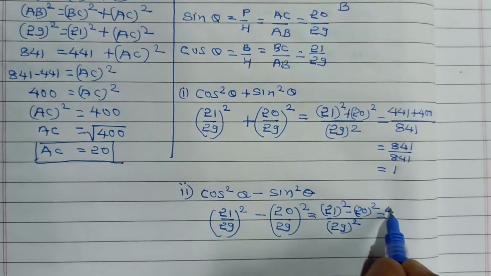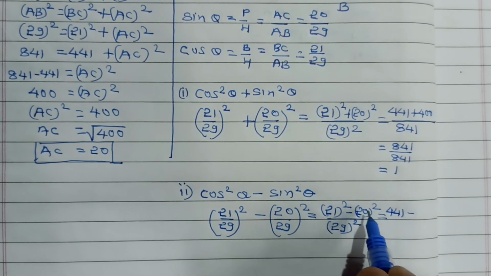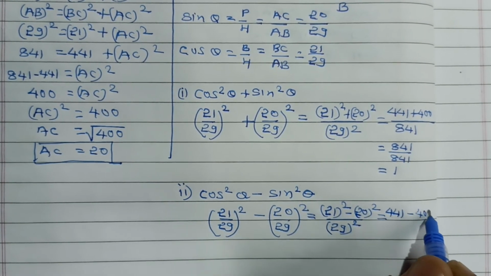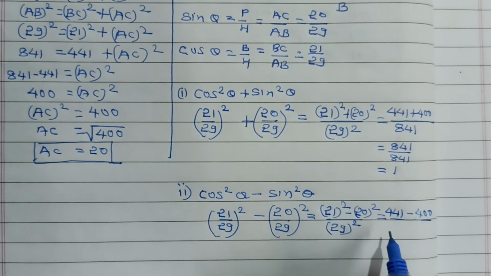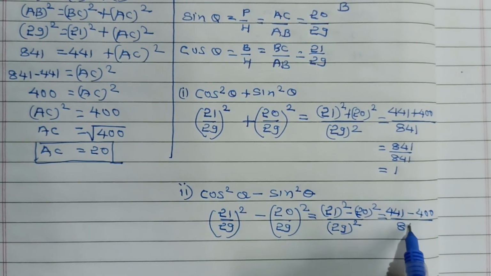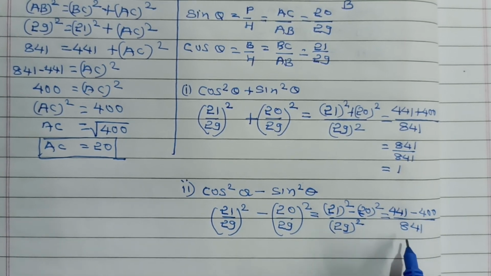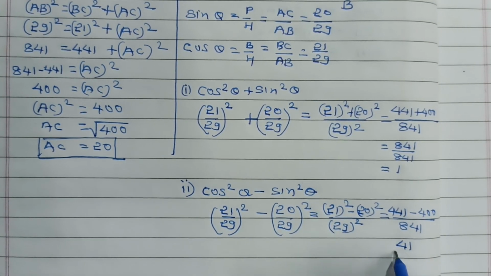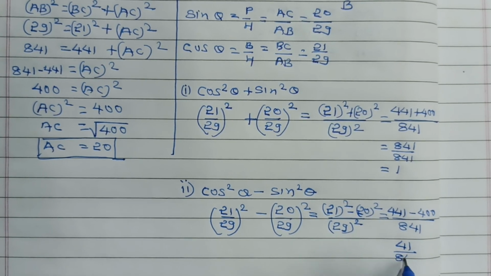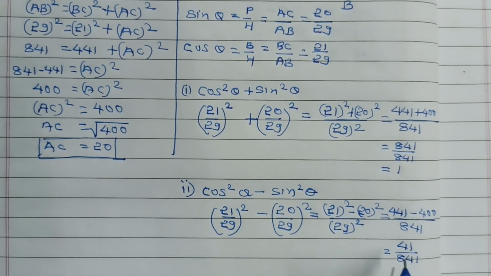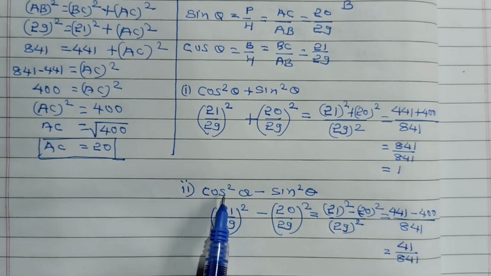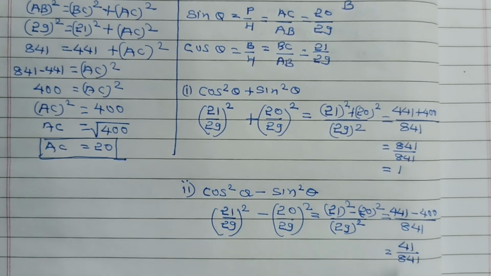It is 441. Minus what is the square of 20? 400. Divided by what is the square of 29? 841. Now if we subtract this, 441 minus 400, you will get the answer 41 divided by 841. So answer for this second case is cos square theta minus sin square theta is 41 upon 841.